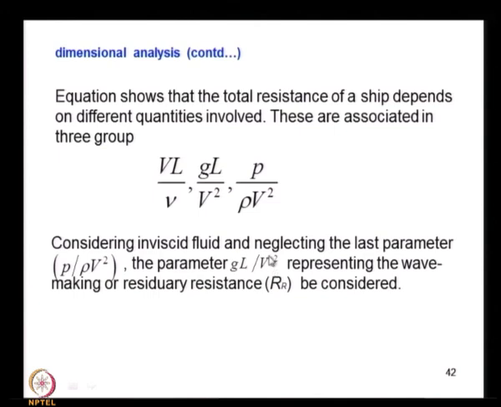So, the parameter gL by V square represents the wave making or residuary resistance. If only the Froude number is satisfied, the resistance you can predict from the model is only the residuary component, or if you can satisfy the Reynolds number, you can predict the frictional component also.